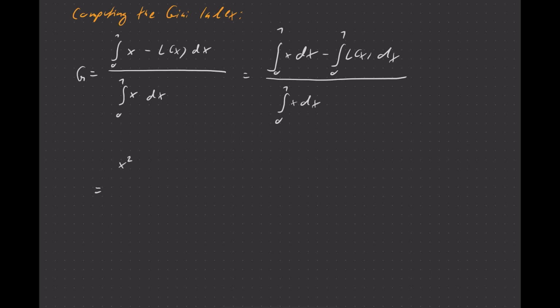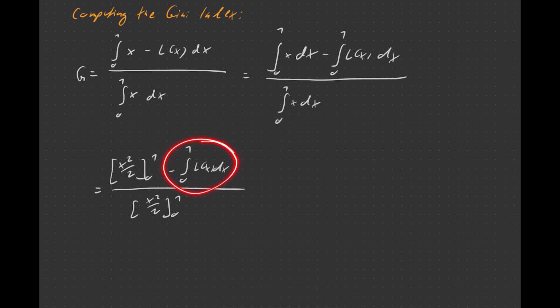That is x squared over 2 from 0 to 1. Same here. X squared over 2 from 0 to 1 minus this integral from 0 to 1 over L of x dx. And of course, we will not get rid of that part here unless we know L of x explicitly. So in this general formula, L of x will just remain there and the integral will just remain there.